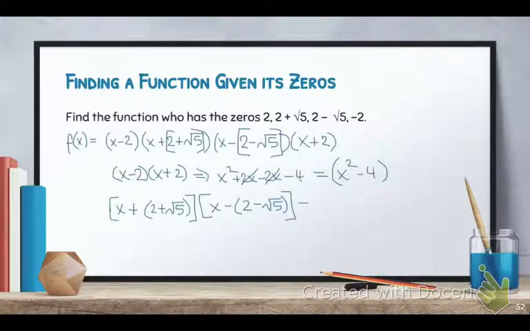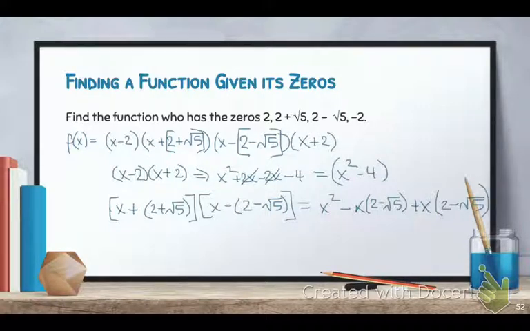So x times x would give me x squared. X times that would give me negative x in parentheses 2 minus square root of 5. And then, oops, we want to take the other part. So x times the positive part, so plus x in parentheses 2 minus square root of 5.